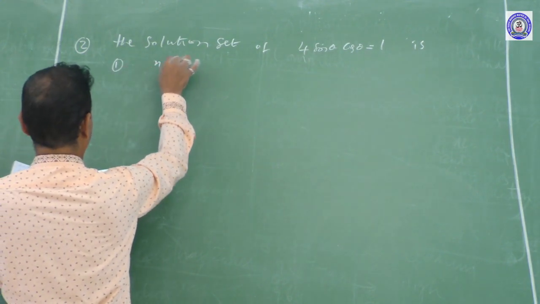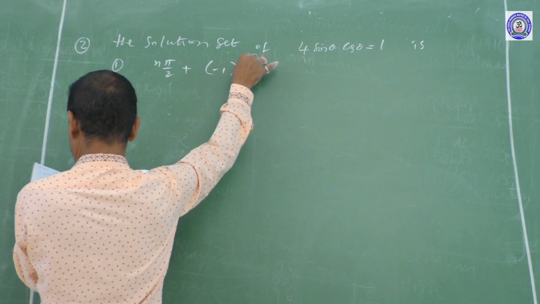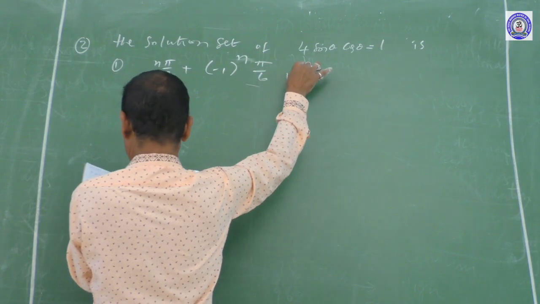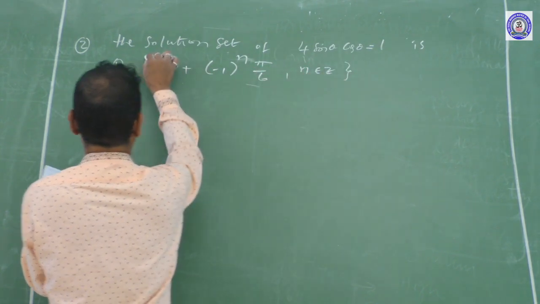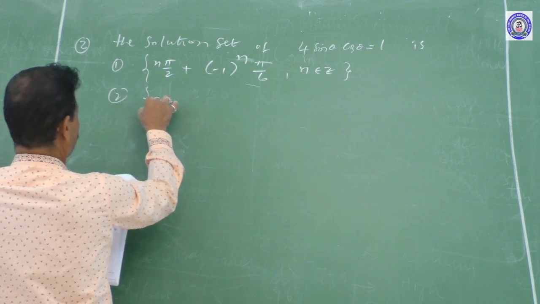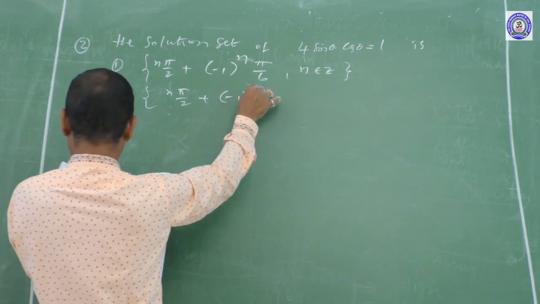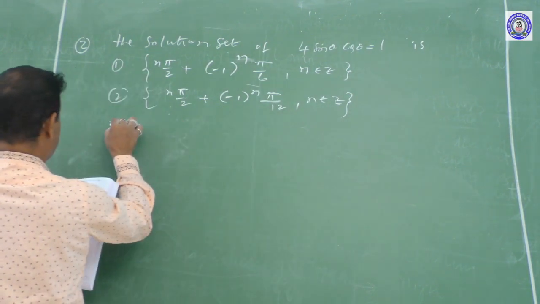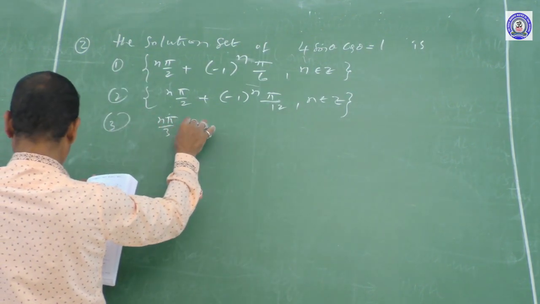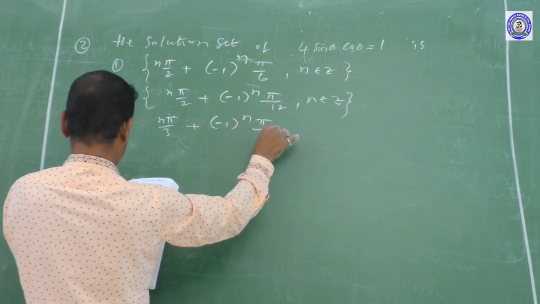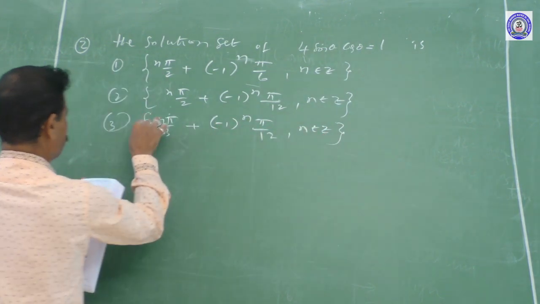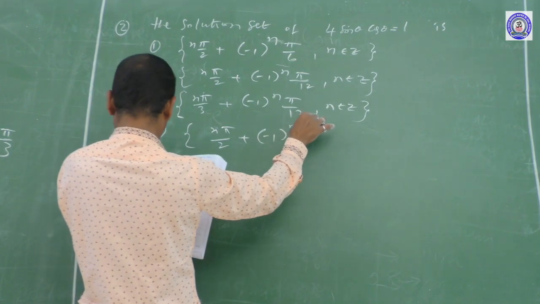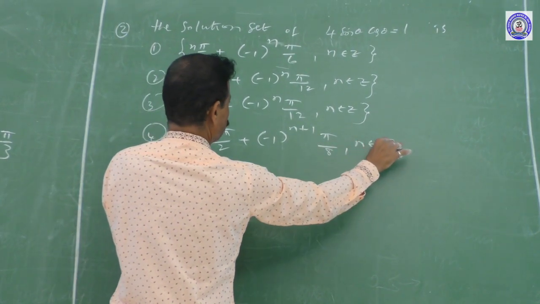Options: 1) nπ/2 plus minus 1 power of n π/6, n belongs to Z. 2) nπ/2 plus minus 1 power of n π/12, n belongs to Z. 3) nπ/3 plus minus 1 power of n π/12, n belongs to Z. 4) nπ/2 plus minus 1 power of n plus 1 π/8, n belongs to Z.